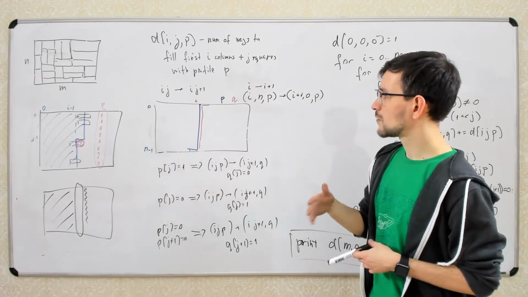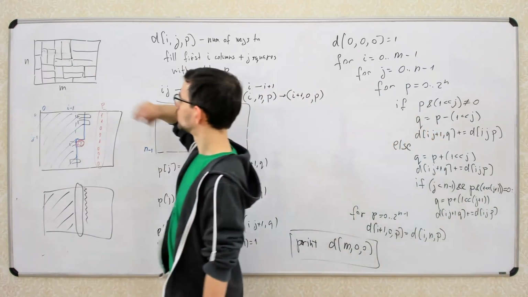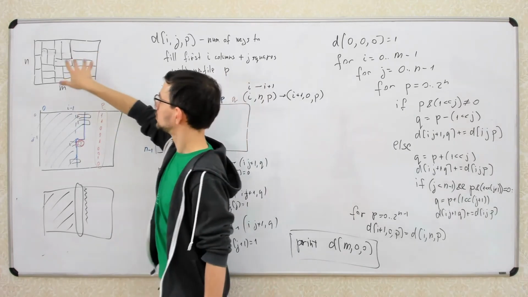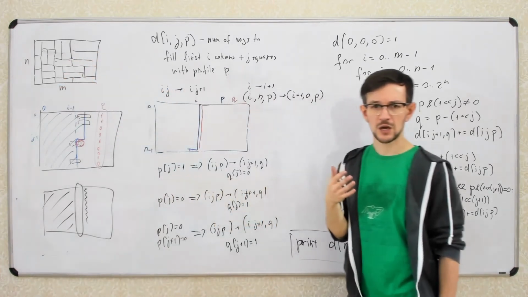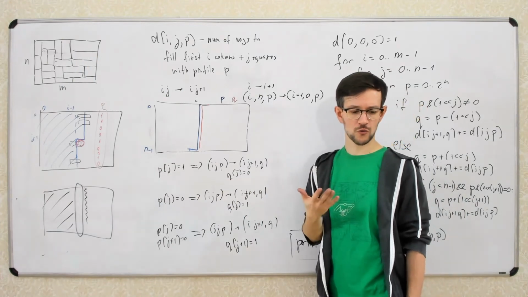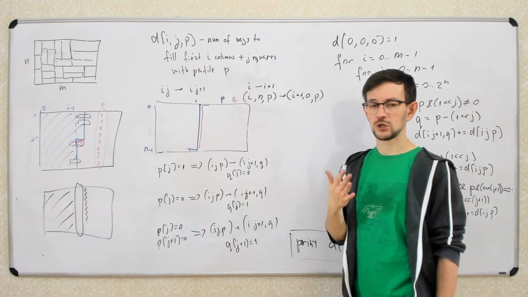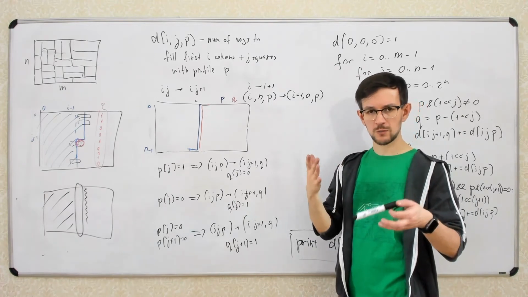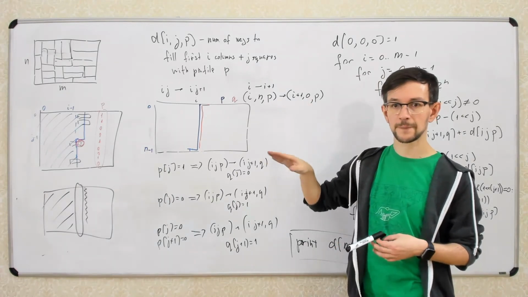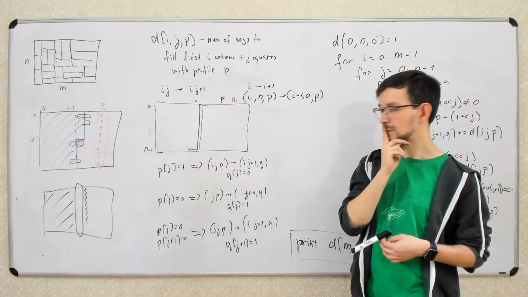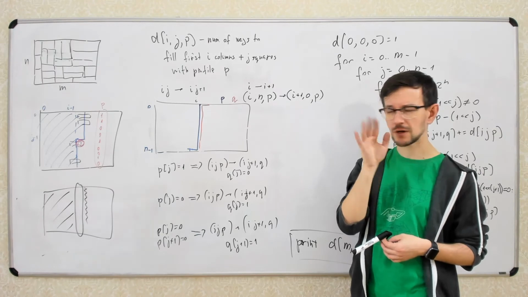You may, for example, want to assign some costs to all different positions of these tiles and minimize the total cost of all these tiles. So you may have some optimization problem which is solved in the same way.